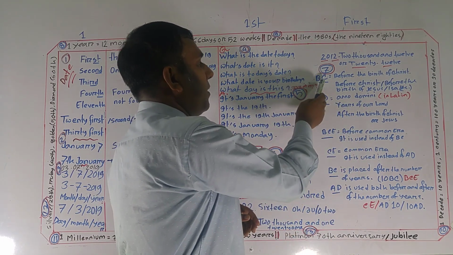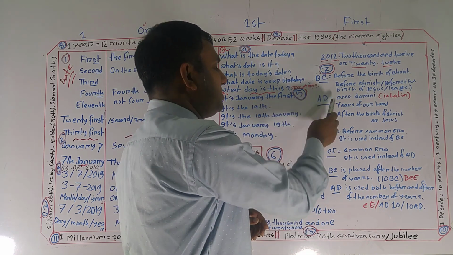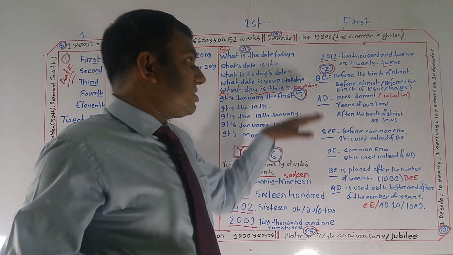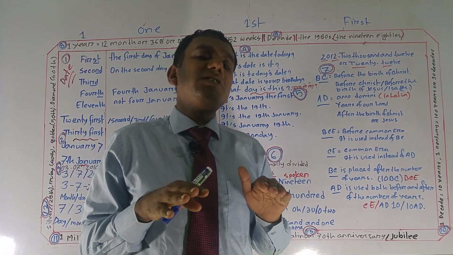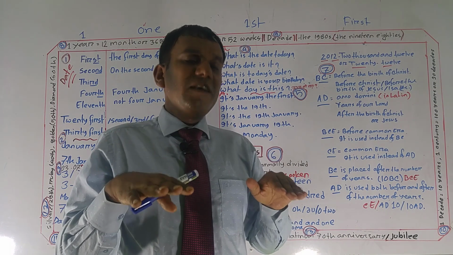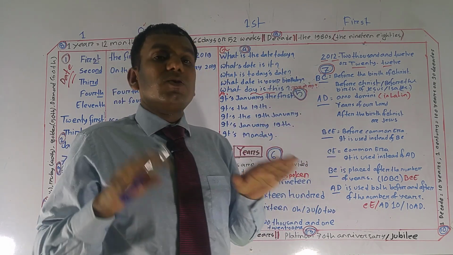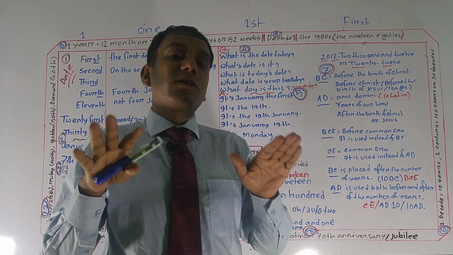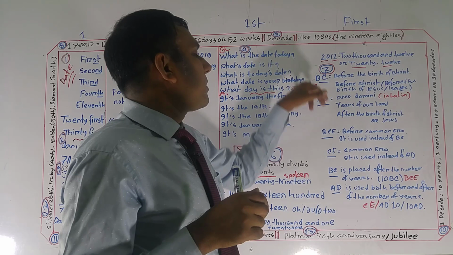Same as BC and BCE, AD and CE. Those who believe in Christianity and in God use the first 2 words, but those who are non-believers or common people deny using these 2 abbreviations.